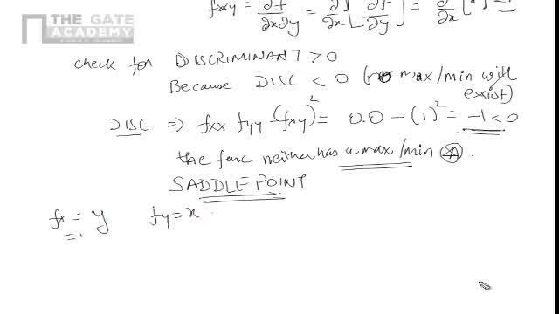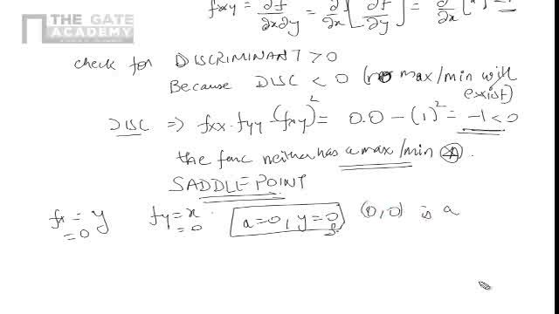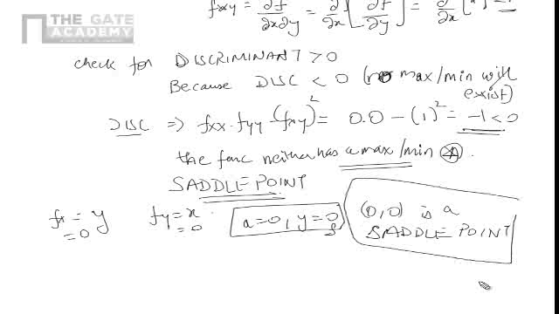When we equate them to 0, we get x is equal to 0 and y equal to 0. So 0 comma 0 is a saddle point. This is very important. This is the answer for this problem. Actually, there is no maxima or minima existing. We have only a saddle point at 0, 0.